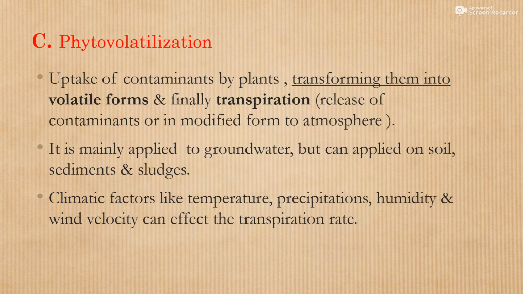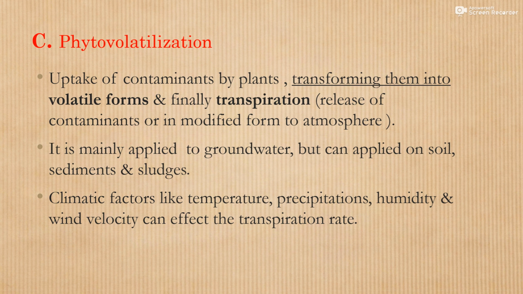Now the next method is phytovolatilization. It is the uptake of contaminants or pollutants with the help of plants and transforming them into volatile forms. Through transpiration, these contaminants or pollutants are released into the atmosphere in modified forms.